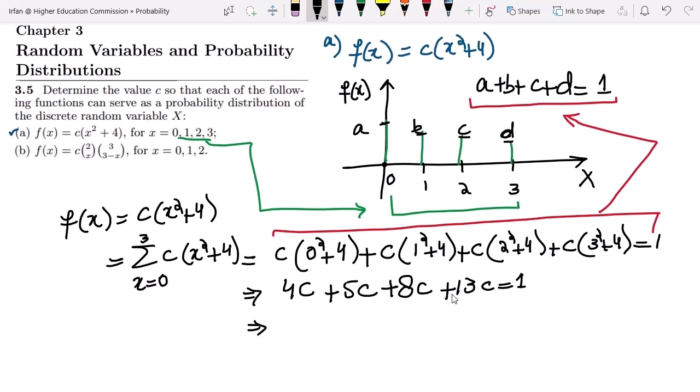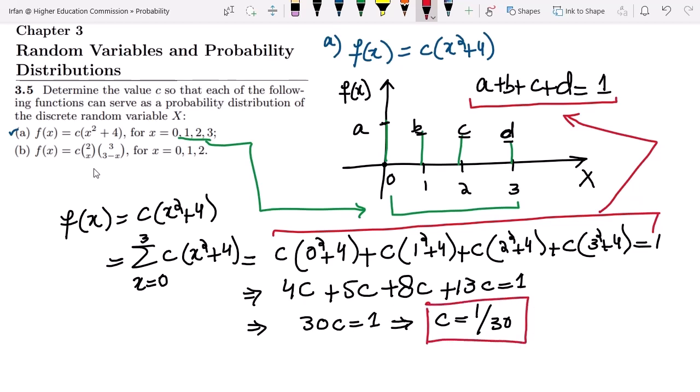So now add them all together, so it will be 4 plus 5 is 9, plus 8 is 17, plus 13 is 30, so here I will get 30c which is equal to 1, which will ultimately give me the value c equal to 1 by 30, and that is basically the solution of part A of my question. Okay? So this is the solution of part A.